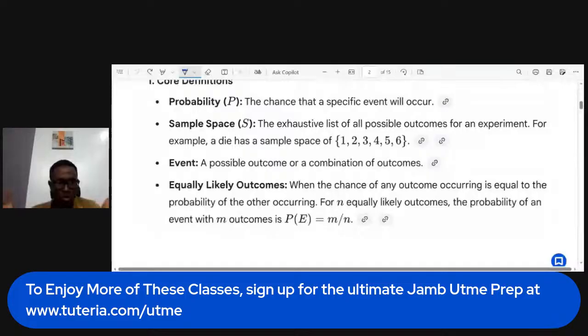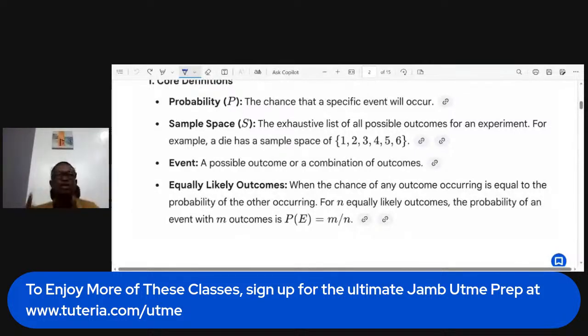Why is it 1/2? Because we said that sample space is what? All possible outcomes of an experiment. So what are all the possible outcomes of me tossing a coin? It's 2. Head, tail. Now, what we are dealing with is the number of outcomes. I'm not dealing with tail alone or head alone. I'm dealing with the total number of possible outcomes.